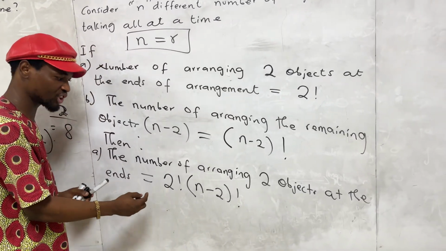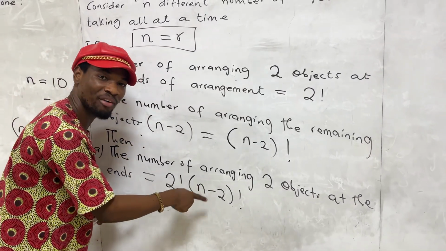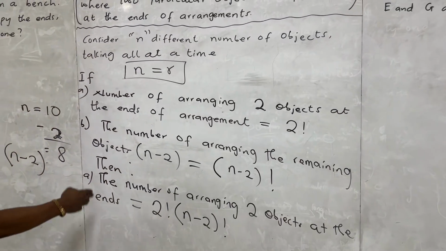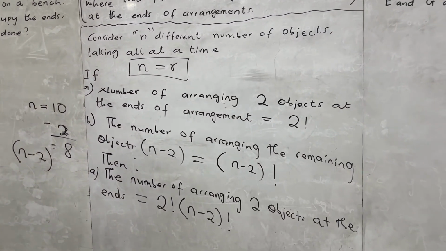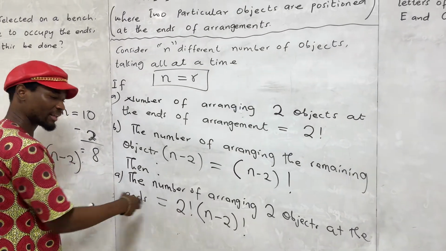So we need to appreciate where the 2 factorial is coming from and the n minus 2 factorial is coming from. As simple as that. So then the number of arranging 2 objects at the ends is given by this.